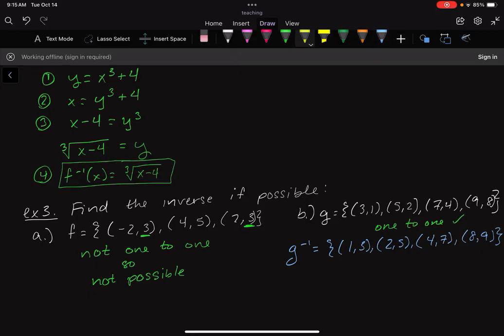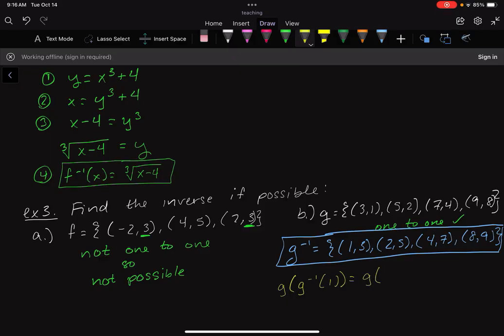Something kind of cool with inverse functions that you can see is if you plug in something. So let's say we do g of g inverse of 1, I should get back 1.